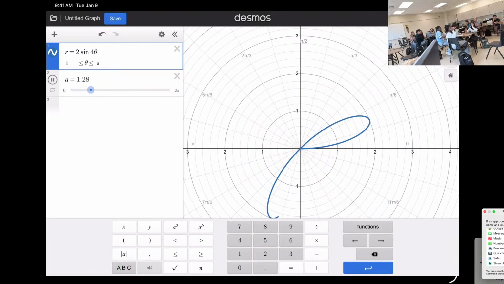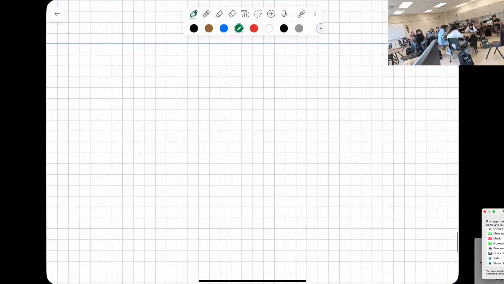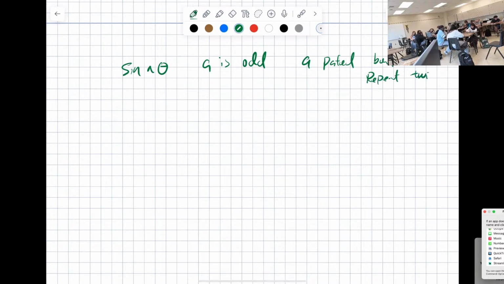So I'm gonna write it down so you understand. If it's sine of a theta, if a is odd, then it's gonna be a paddles, but repeat once.